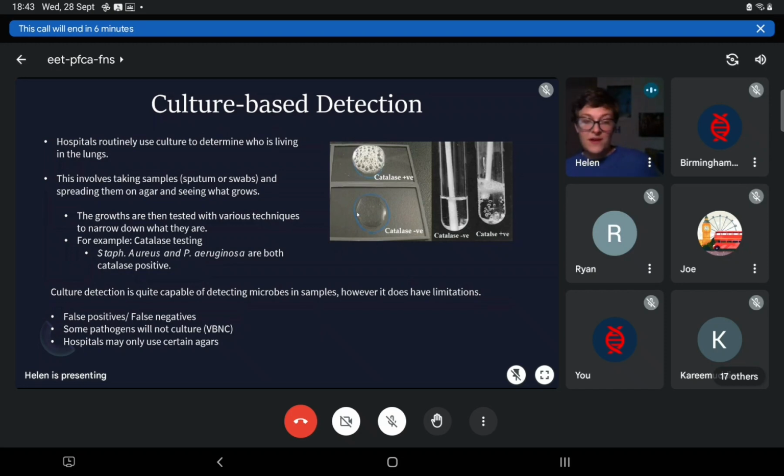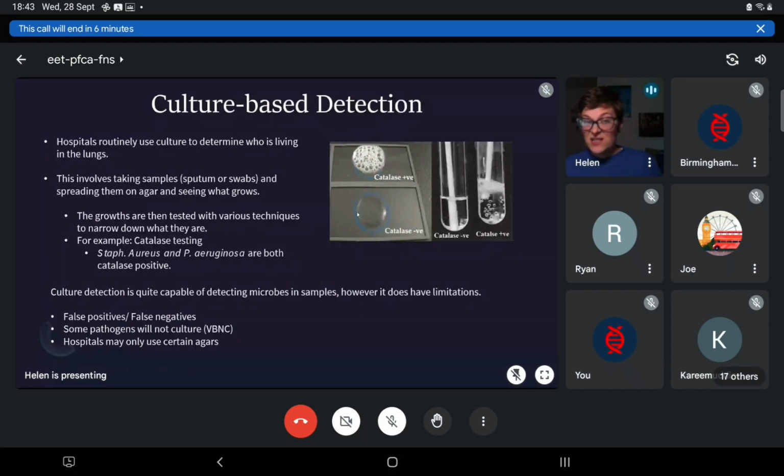And then, of course, we have the fact that hospitals may only use a certain range of different agars to grow things on. There are guidelines and there are recommendations by the NHS, and I don't know if you've heard of NICE, they're the big body that oversees medical decisions in the UK. And most hospitals will follow the basic thing of that.